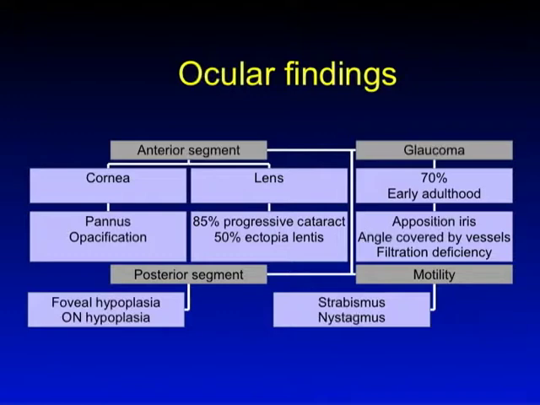Foveal hypoplasia, and this is the reason for nystagmus. 70% of the patients will have glaucoma. Because of that, some people promote prophylactic angle surgery in patients with glaucoma. Not too many, but I just mention it because I think it's important for you to know that.